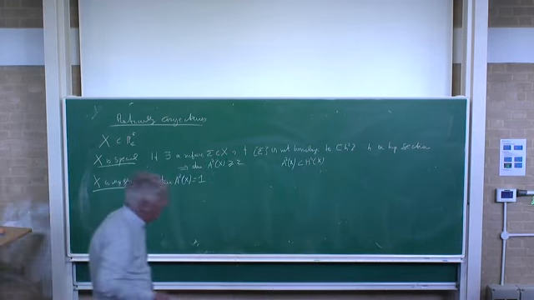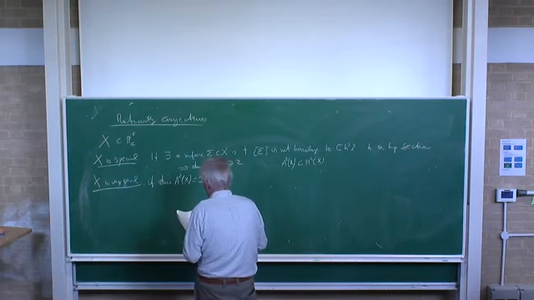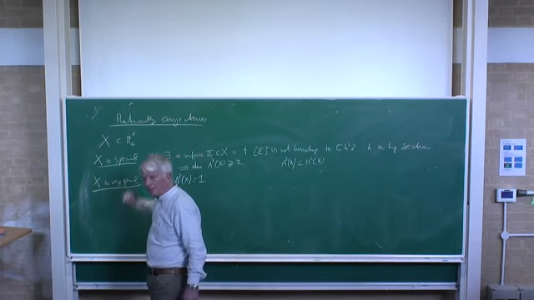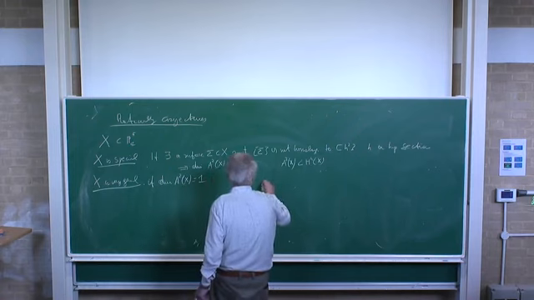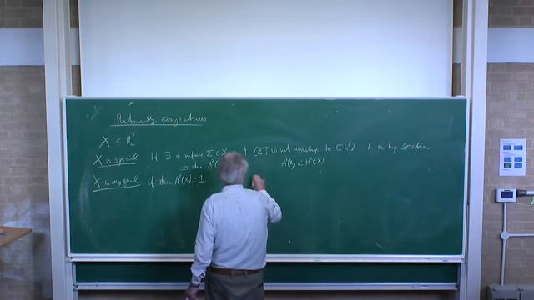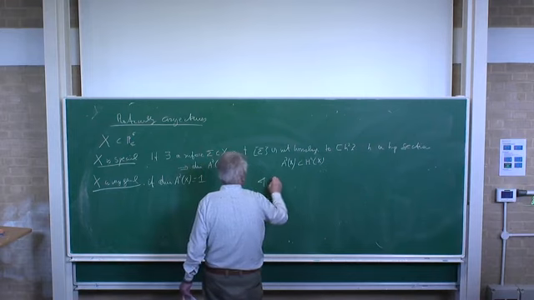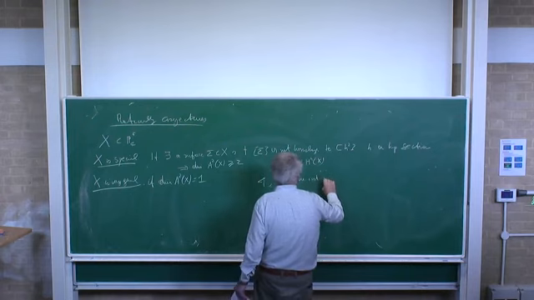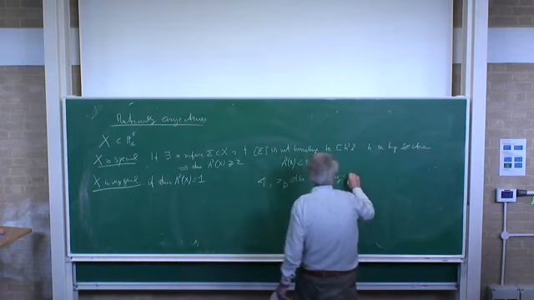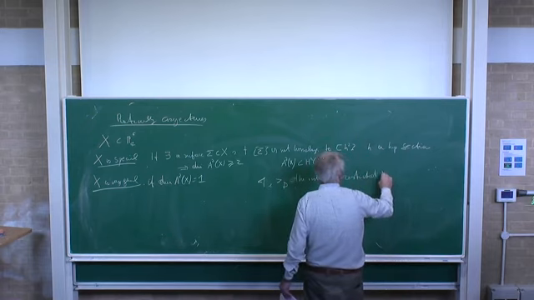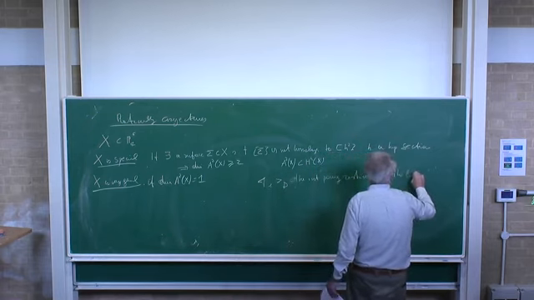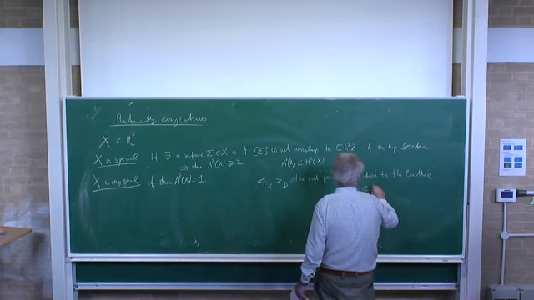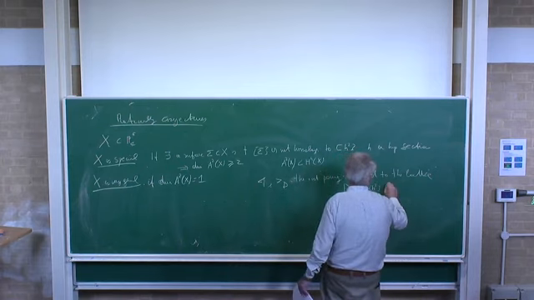It's a long story, but then in order to classify these, what you do is look at the intersection pairing in cohomology restricted to the lattice generated by the class of H squared and the class of this existing surface.